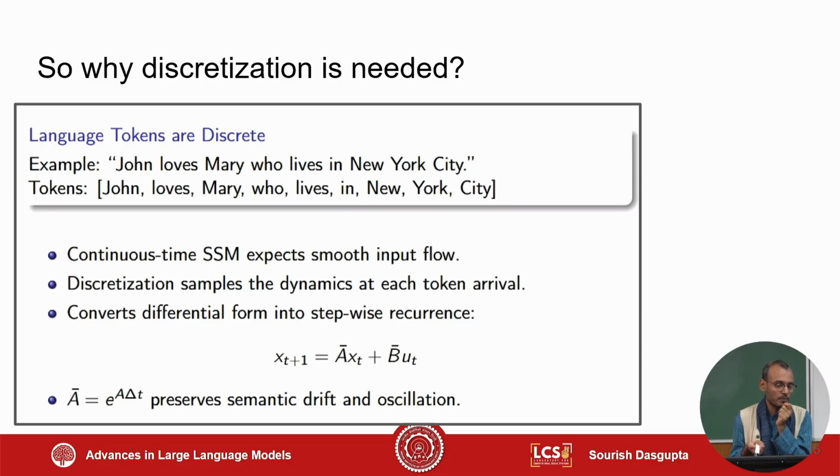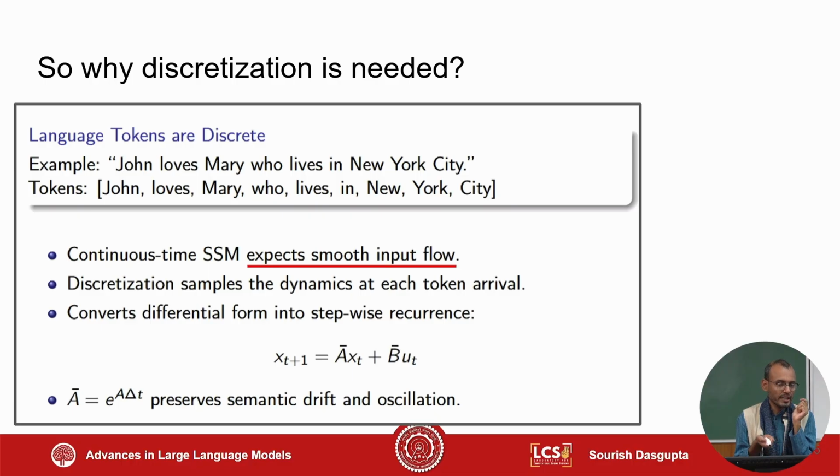Which is x_{t+1} = Ā x_t + B̄ u_t, where Ā gives you the snapshot of A at that particular time point, and B̄ is also the snapshot at that particular t, right? Where Ā = e^(AΔt), which preserves semantic drift and oscillation.